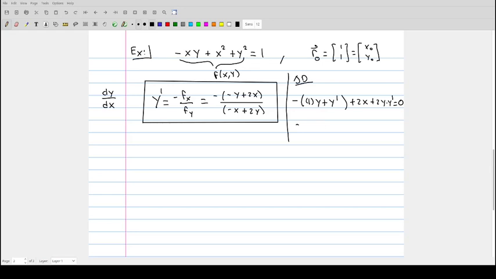This is going to be negative y plus 2x plus, this should be y prime times x. Did the product rule a little bit wonky there.